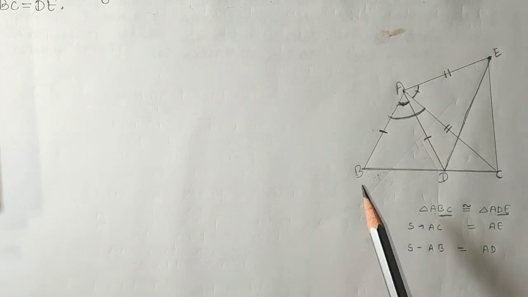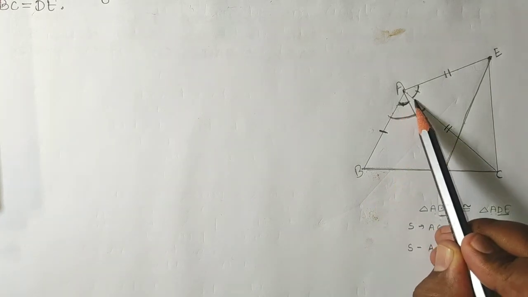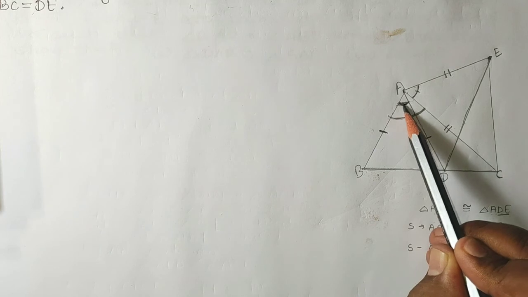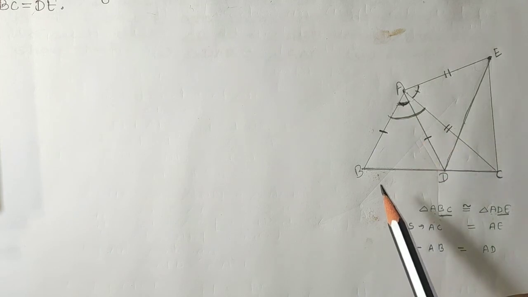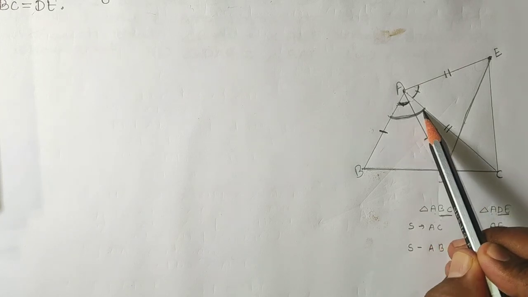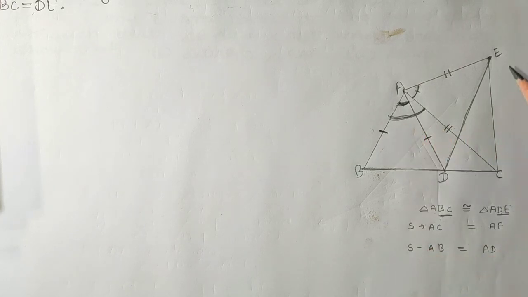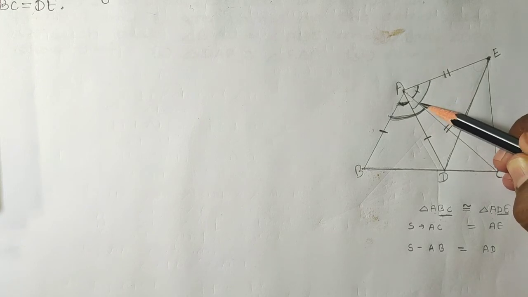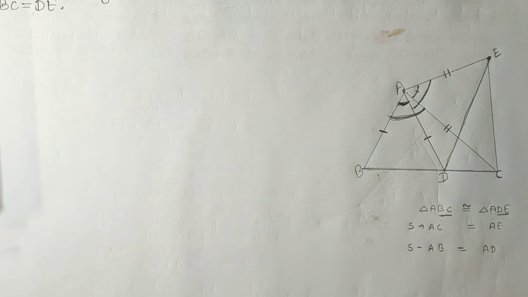Okay, are you getting my point? This whole angle of angle A is not given. It is given only a few portion of this angle. Okay, so if we show that this whole angle is equal to this whole angle, then we will have our third element, that angles are equal there.